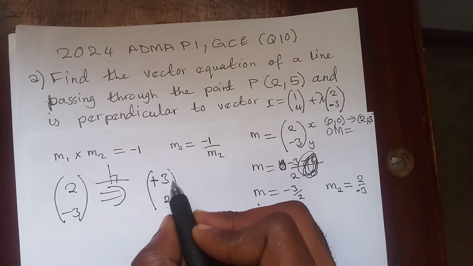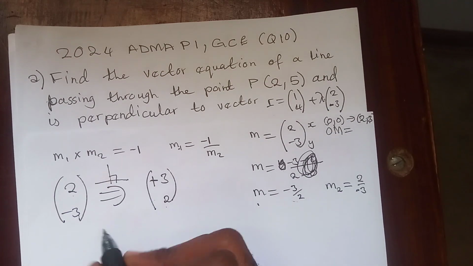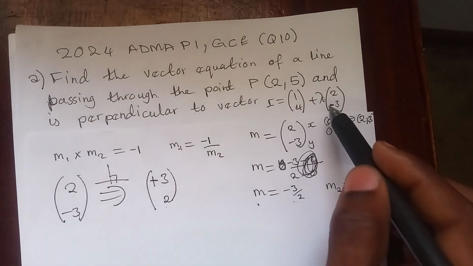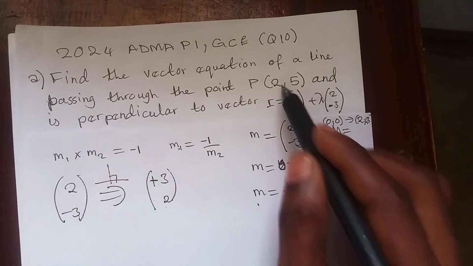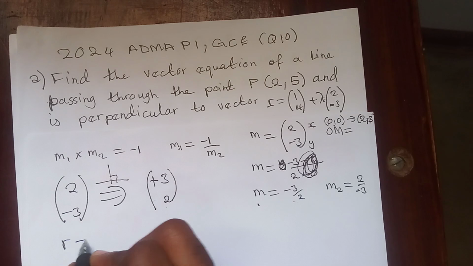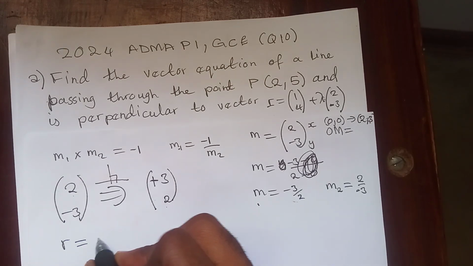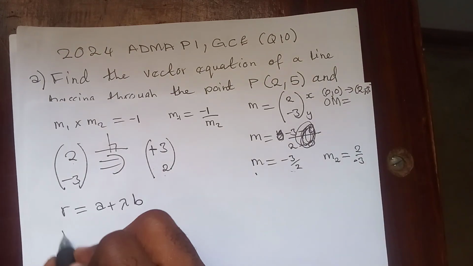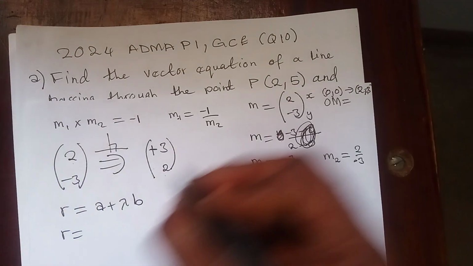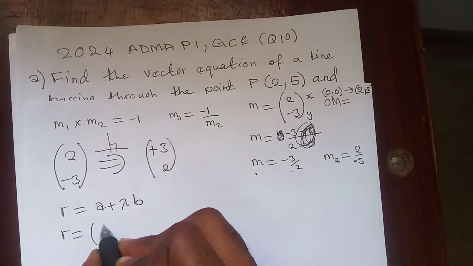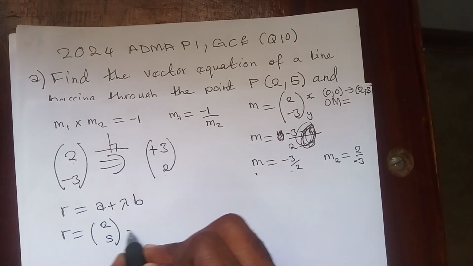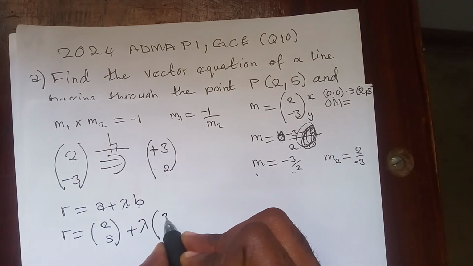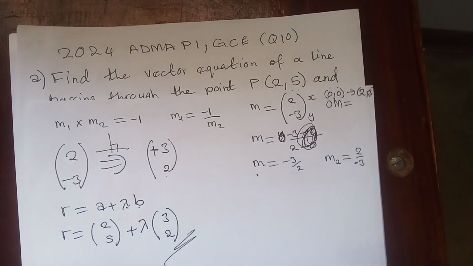So I'll go with this, and then you can just take any point on the line. Remember, it's perpendicular to this and passes through this. So R is equal to A plus lambda B. We have R equal to A, which is this one, in column vector form, plus lambda. Our B here is (3, 2), and you're done.